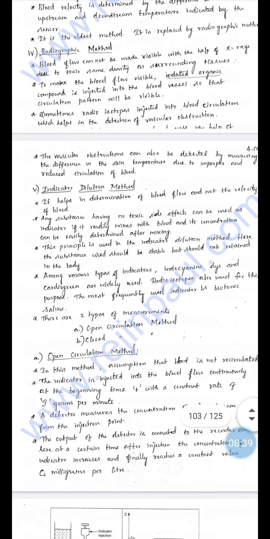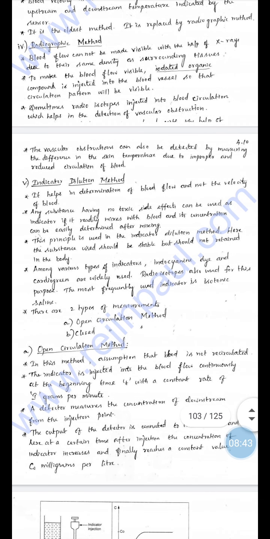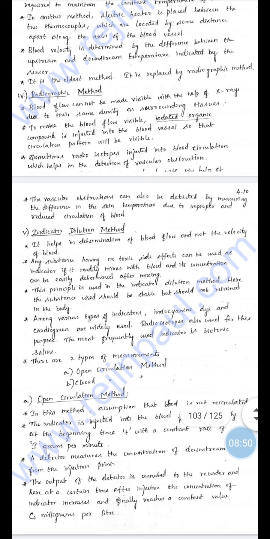Sometimes radioisotopes are injected into the blood circulation, which helps in the detection of blood flow direction. Vascular obstruction can also be detected by measuring the difference in skin temperature due to improper and reduced circulation of blood. In that manner, using this isotoped organic component, we are able to make the blood flow visible in the radiographic method.